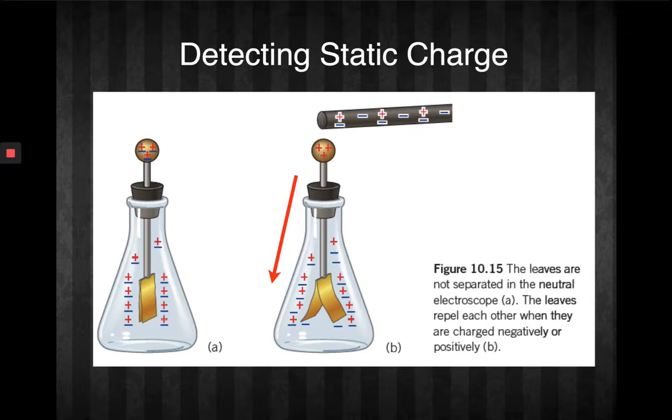And so they can only move as far as the leaves, and this causes the negatively charged leaves to repel away from each other and flare out. And then once you remove that rod, the electroscope is going to go back to its original position, as you can see in image A.